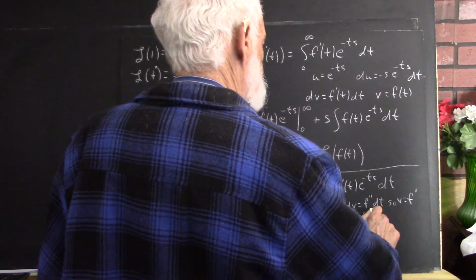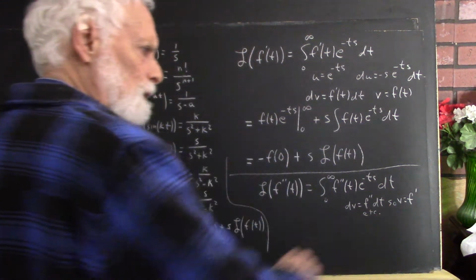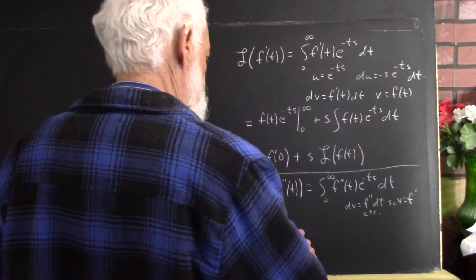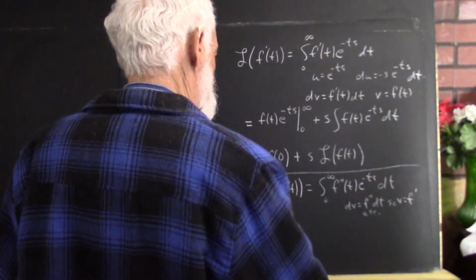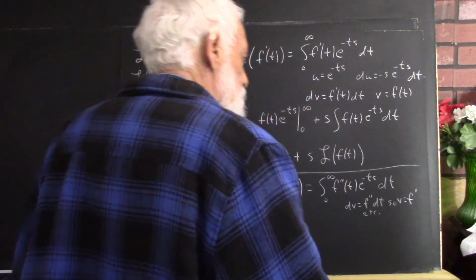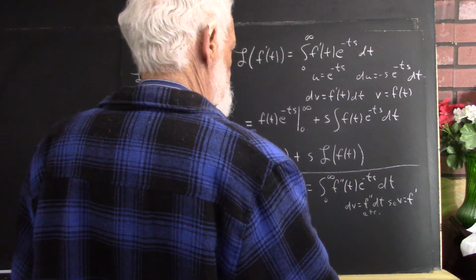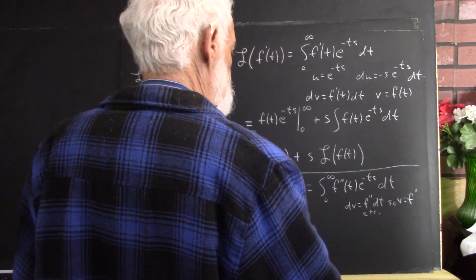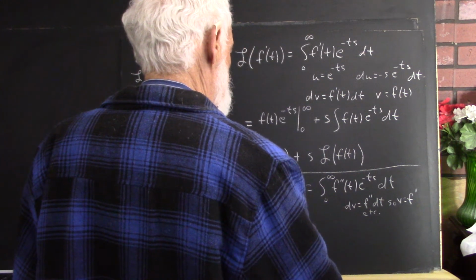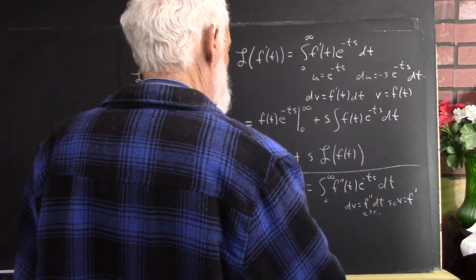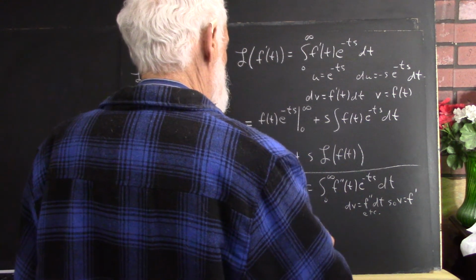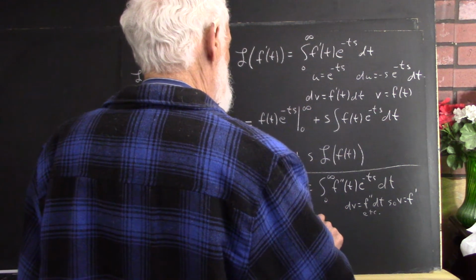And I'll just put an etc. here because I want to have a little more board space down here. So this equals f prime of t e to the negative ts.